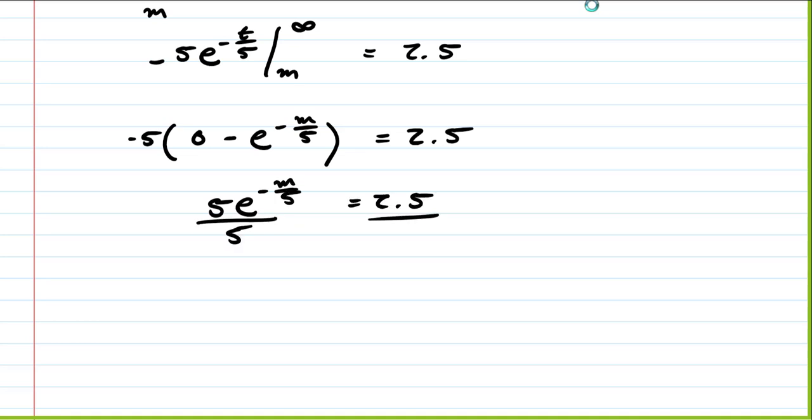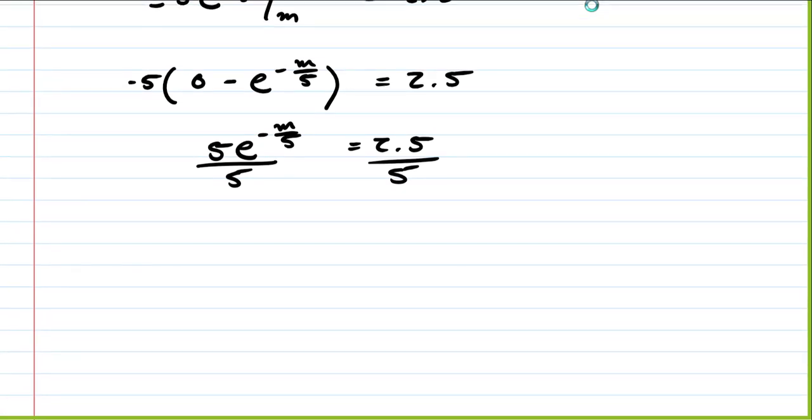So we divide by 5, we divide by 5, and we get e to the negative m over 5 is equal to 2.5 divided by 5, which is 0.5, but I'm going to write it as a half, because 0.5 and a half are the same thing.